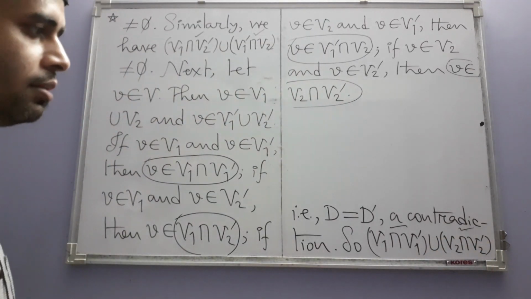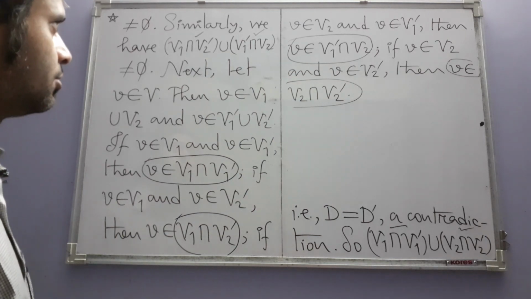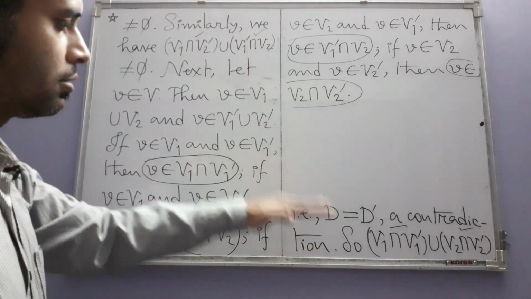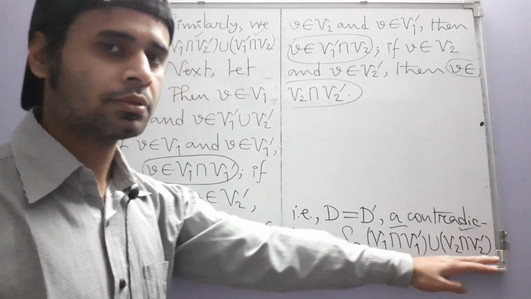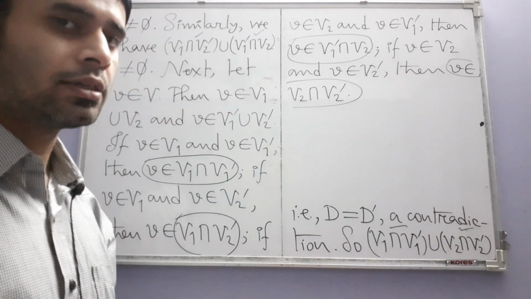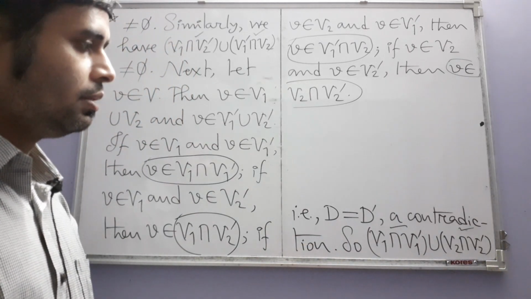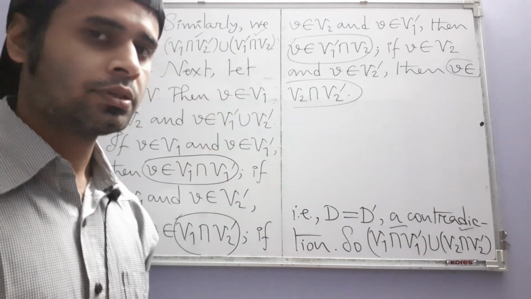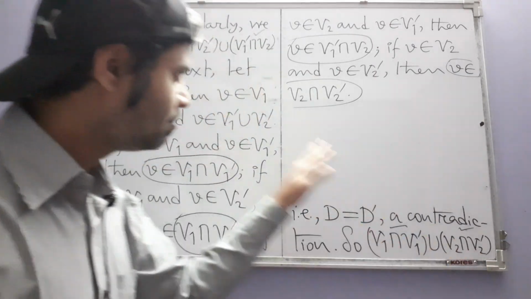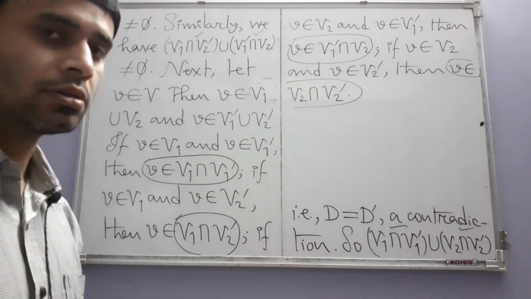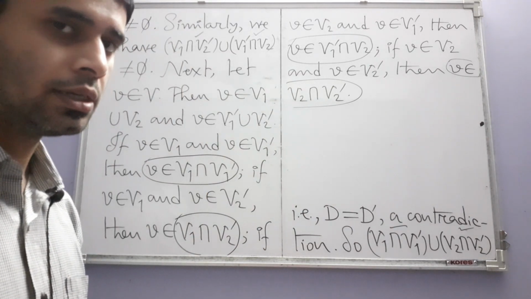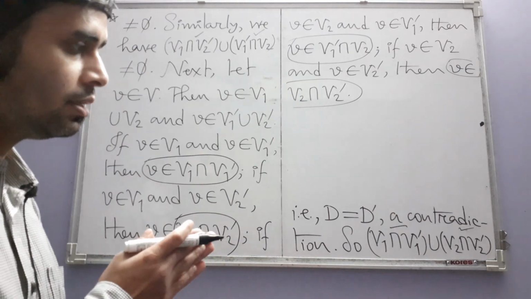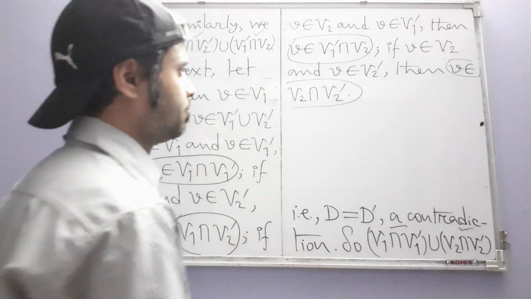That means any vertex belongs to either this union or this union. So the entire vertex set V is itself a subset of the union of these two unions, but the individual sets themselves are already subsets of V, so their union is a subset of V, so that's why V is equal to the union.